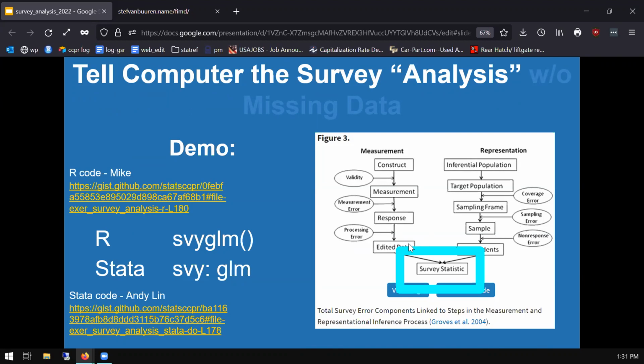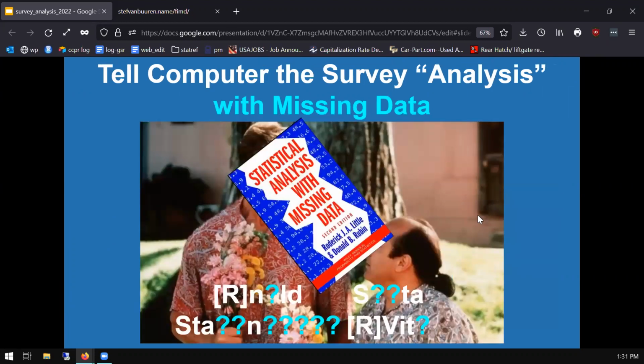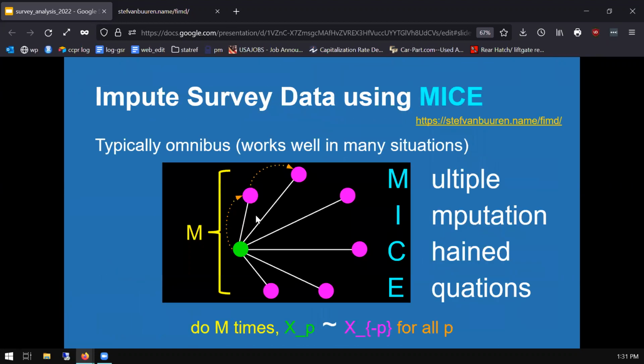One thing that helps me think about why the non-response error is on this right-hand representation side versus this processing error on this left-hand measurement side is there's two post-processing methods you can use to deal with missing data. Let's think about this data with 7 variables.